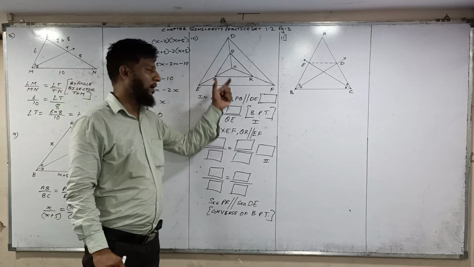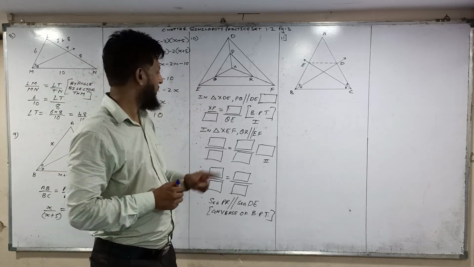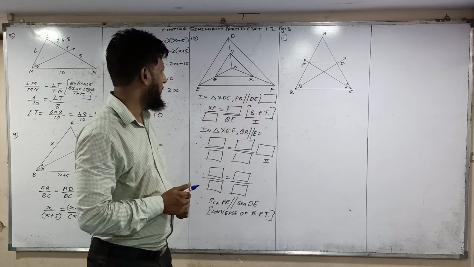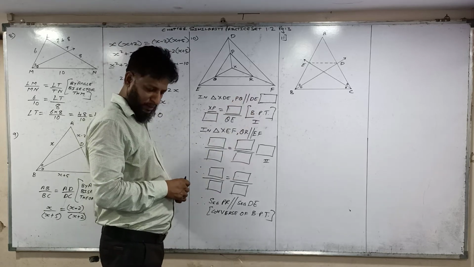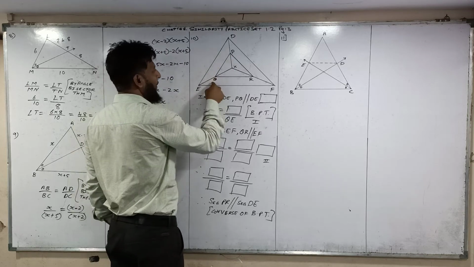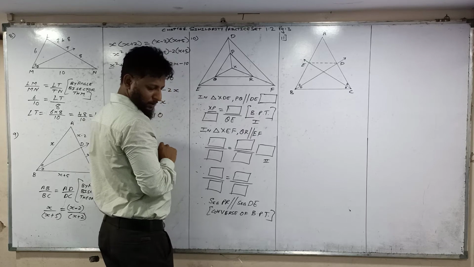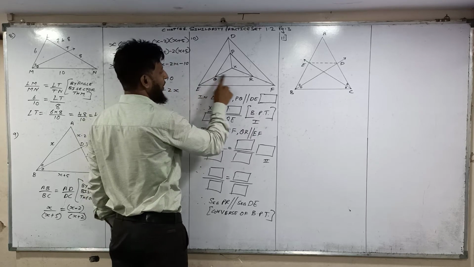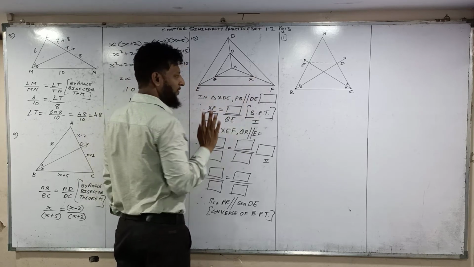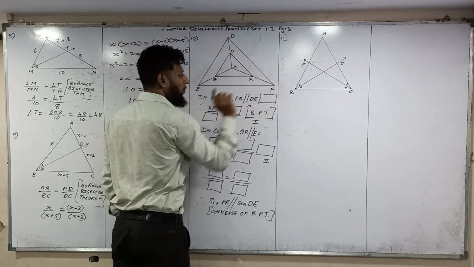So in this diagram, it's like a fill in the blanks. You have to observe the diagram and just fill in the boxes. What is given in the diagram? PQ is parallel to DE, and QR is parallel to EF. You have to prove that PR is parallel to DF.